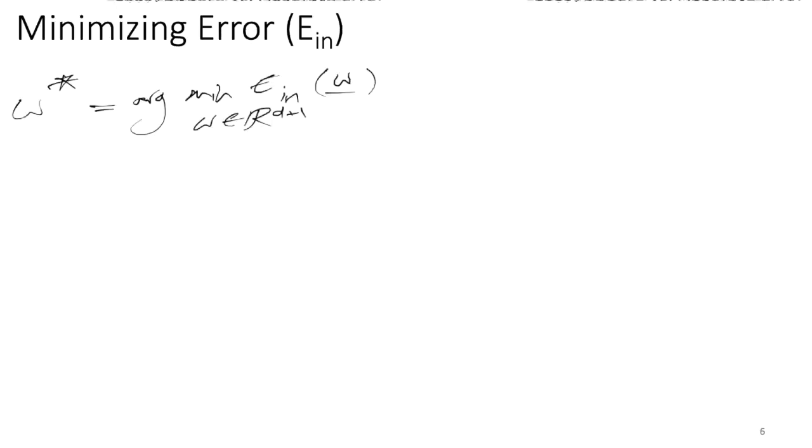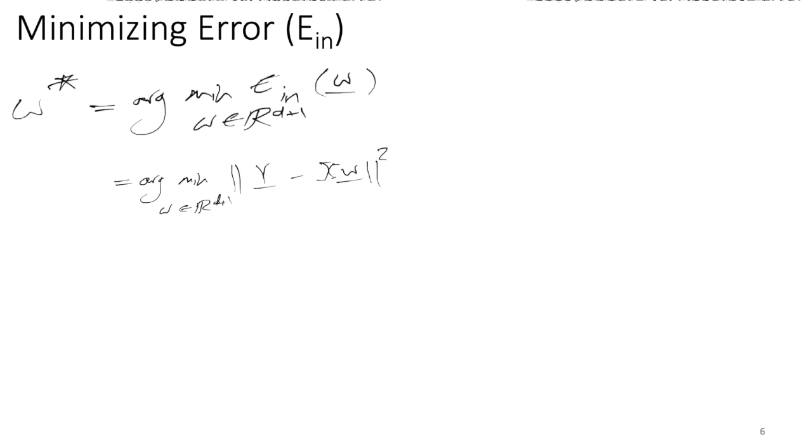You're trying to find the optimal W, which is called W star, and it's the argument minimization, so that you have to minimize E of in-sample error of W, where our W's are in a D+1 dimensional space.